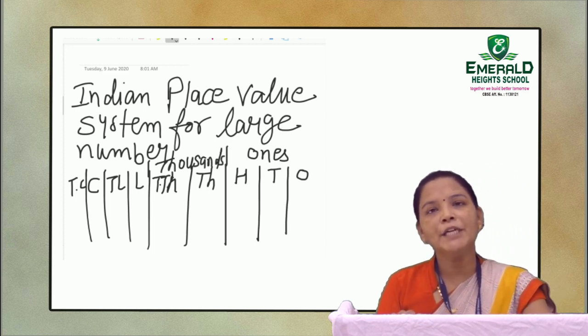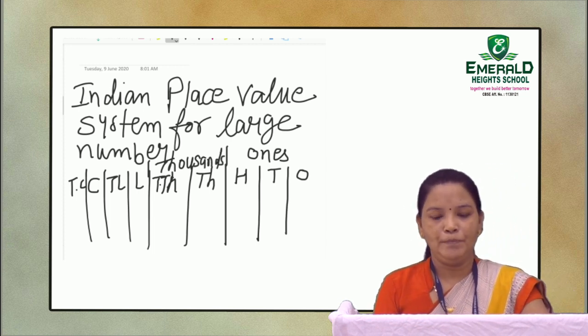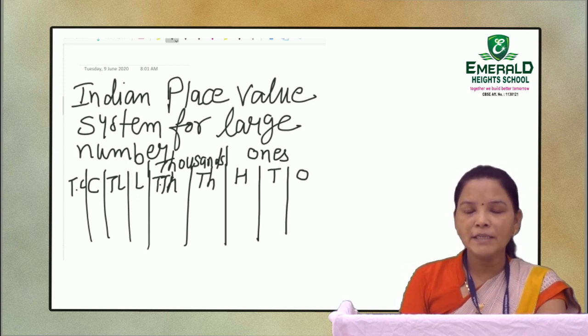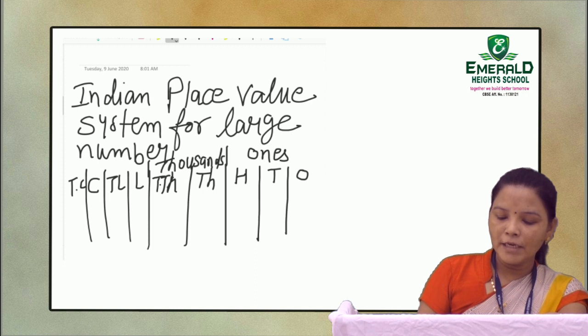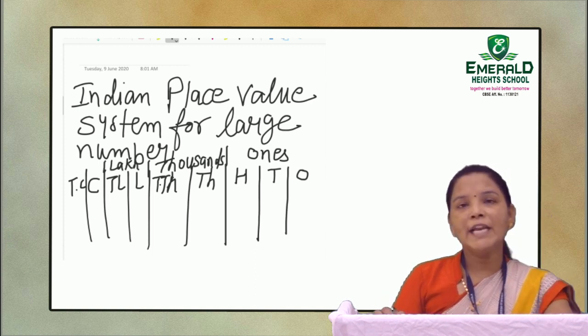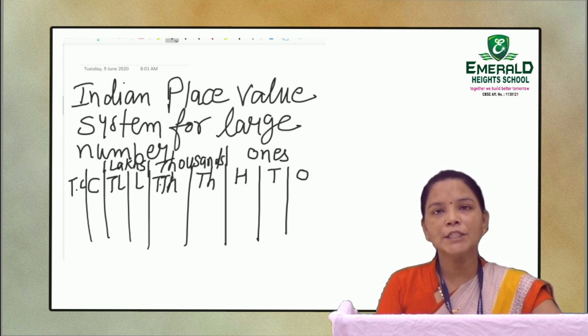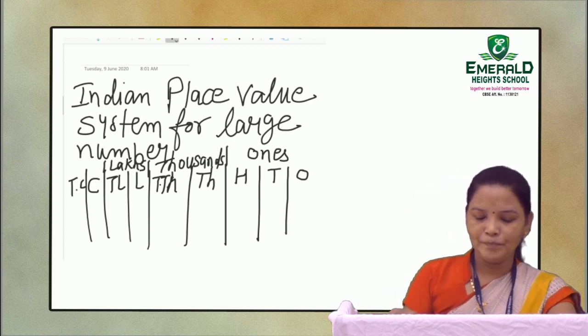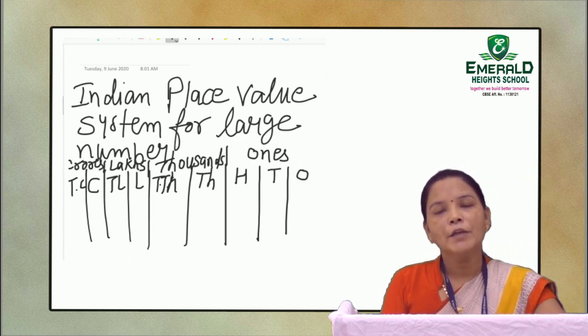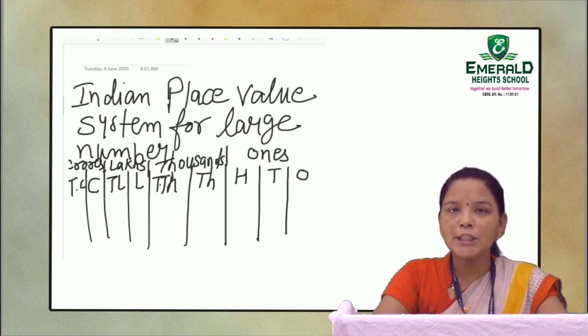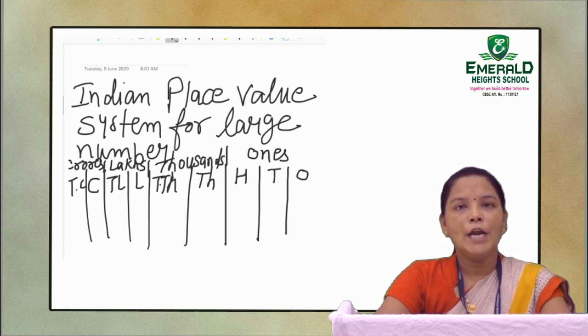Now in thousands period we can arrange 2 digits, and the places there are 1000 and 10,000. Then comes lakhs period. Now in lakhs period again we can arrange 2 digits, that is lakhs and 10 lakhs. Then we have crores period. Now in crores period we can arrange 2 digits, so that is crore and 10 crores.